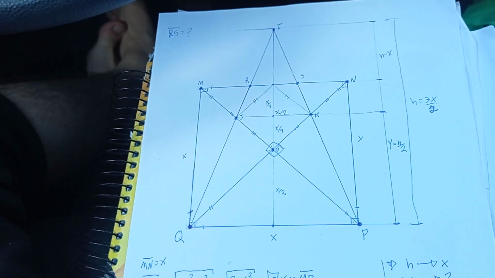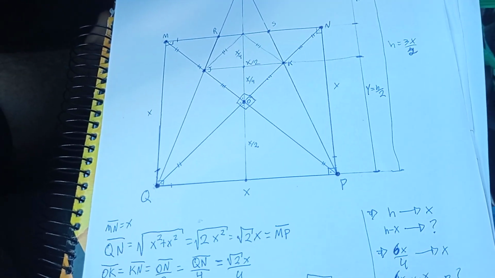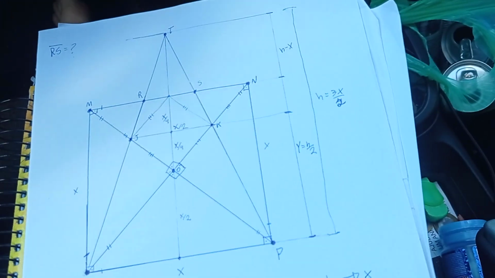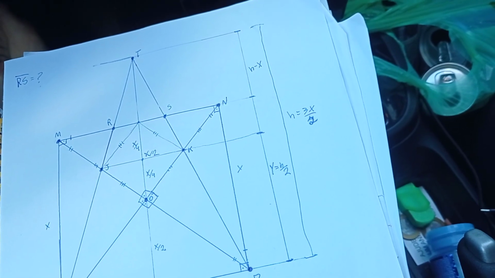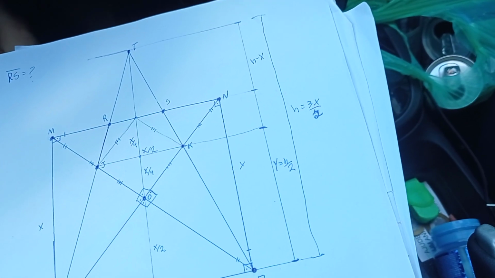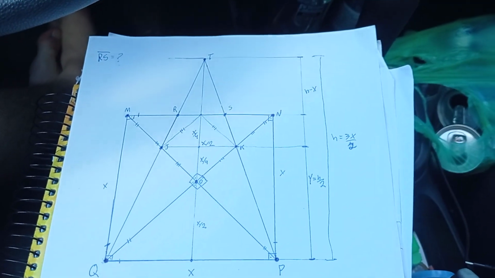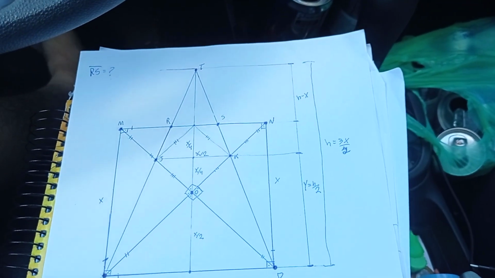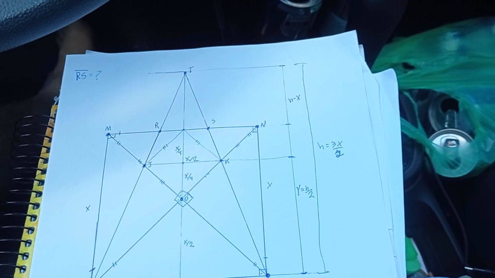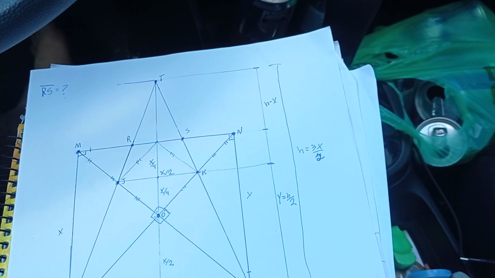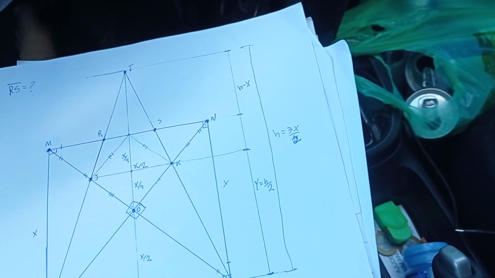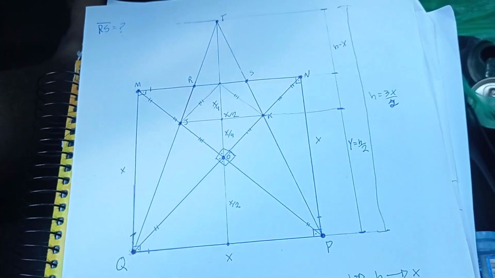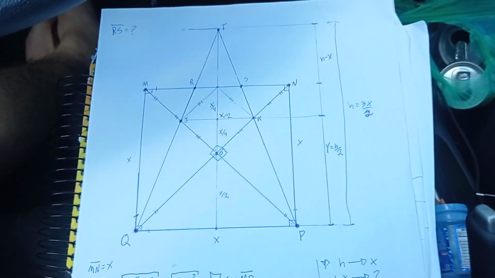So what do we know about these things? We know that the height of the big triangle, we can call it h. Sorry about the interruption.